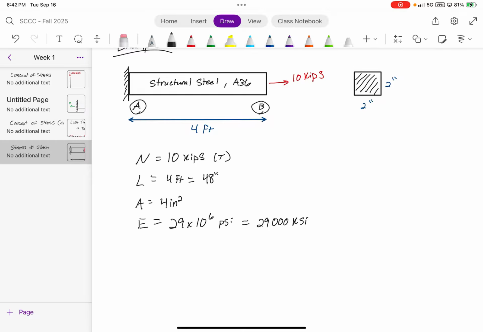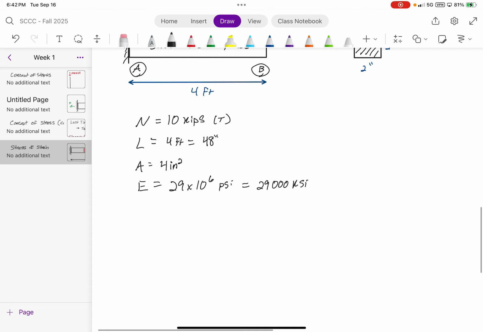Just make sure your units are always consistent, because we want both to be in either kips or pounds, and we want all of our dimensions and deformations to be in inches or feet, preferably inches, because we're dealing with small deformations. Otherwise, if you get a deformation of like 0.00008 feet, you're going to wonder why this number is so small. Multiply it by 12, even though that's still a very small number, it makes more sense logically.